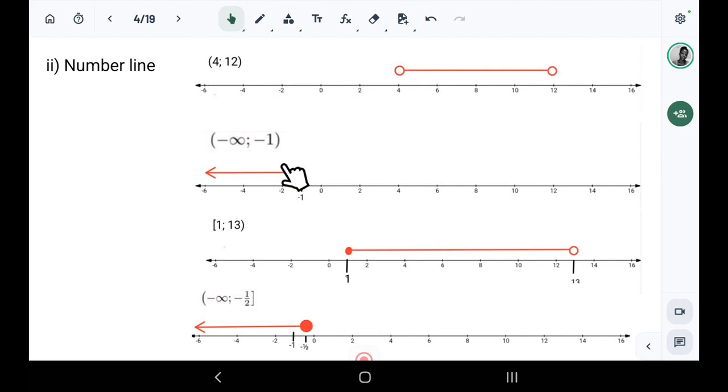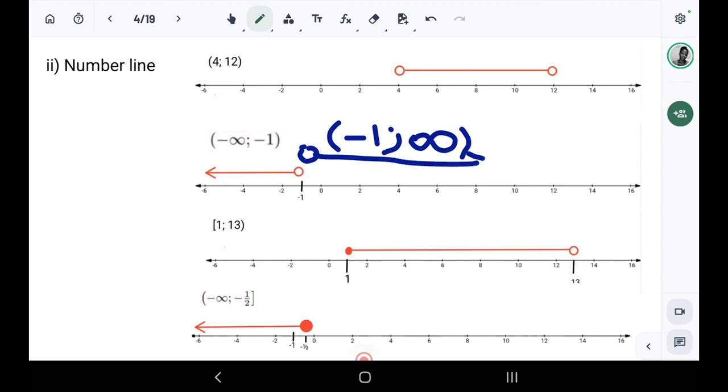If the situation was with, for example, you had -1 and then a positive infinity on the right hand side, with round brackets, what that means would be that all your solutions are greater than -1, but not including -1. You would have a hollow circle with your arrow pointing to the right, because it's approaching positive infinity. That's how you represent positive infinity.